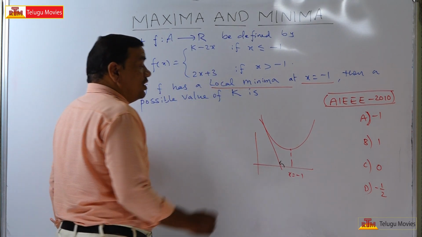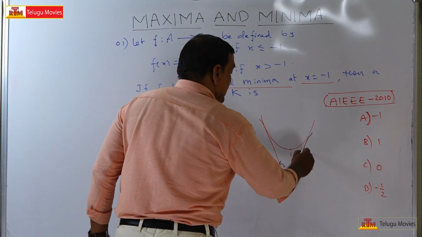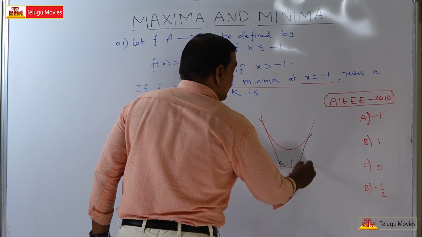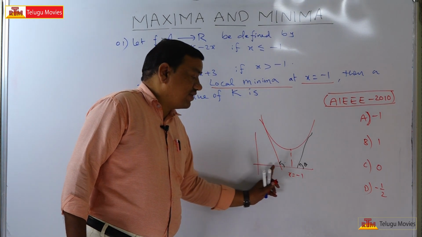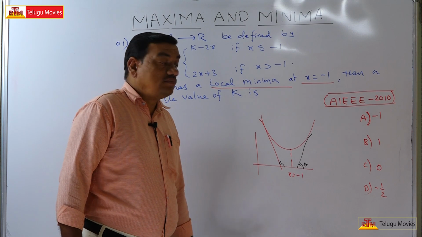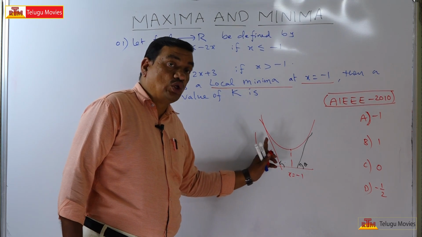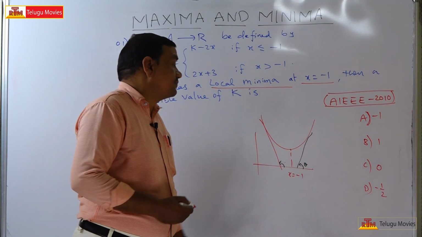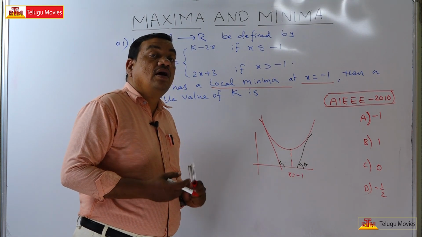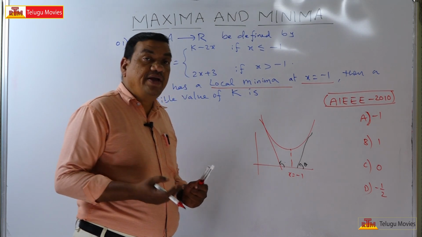If you draw a tangent to the right of this, it will make an acute angle. That means as you approach from the left hand side, the slope of the tangent is negative. As you approach from the right hand side, the slope of the tangent will be positive.